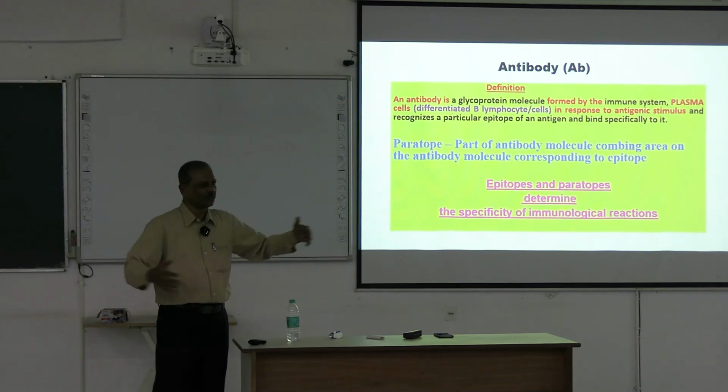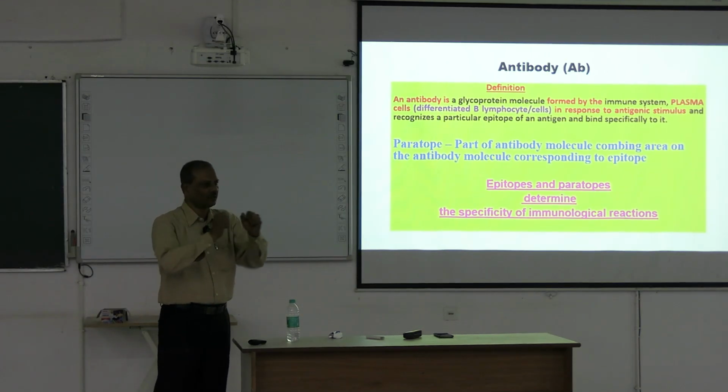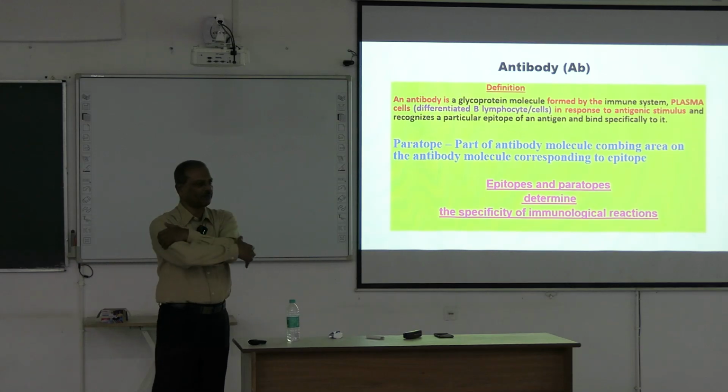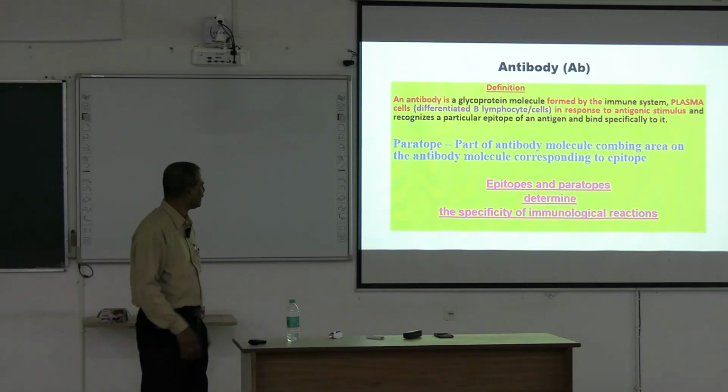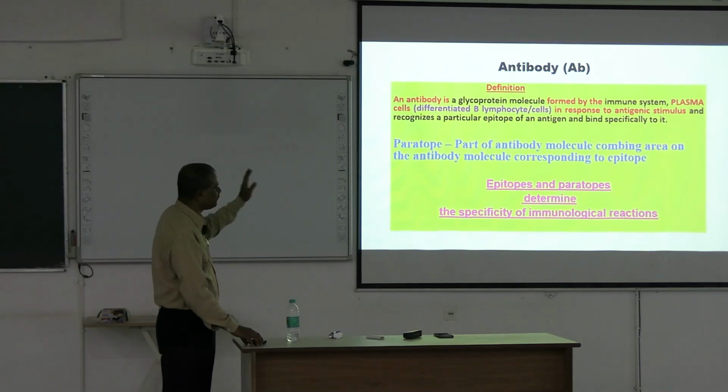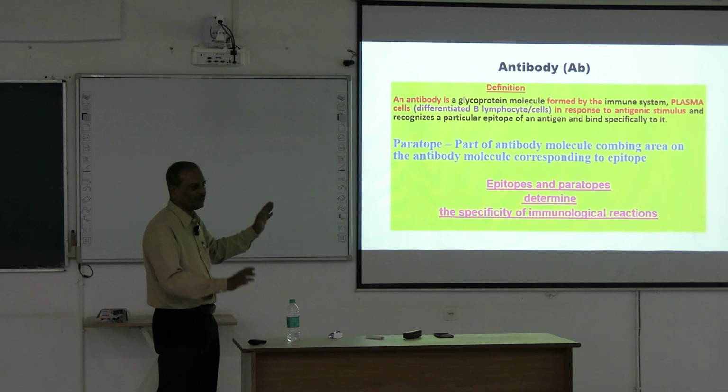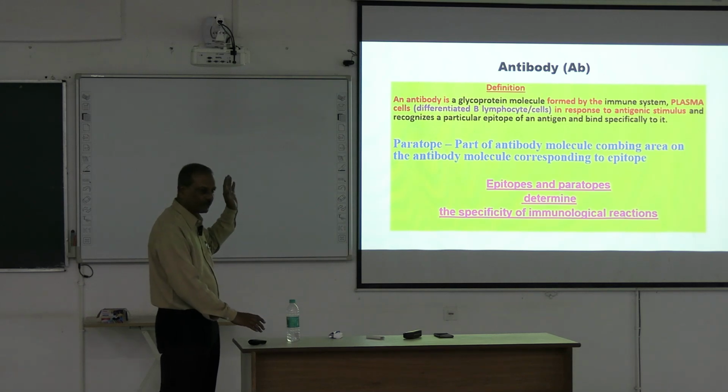If there are multiple, it has to be like a hug, you have to embrace. If it is a single epitope, you will simply handshake, so there will be touching. Do you get it? So, the paratope is a part of the antibody and the epitope is a part of the antigen.